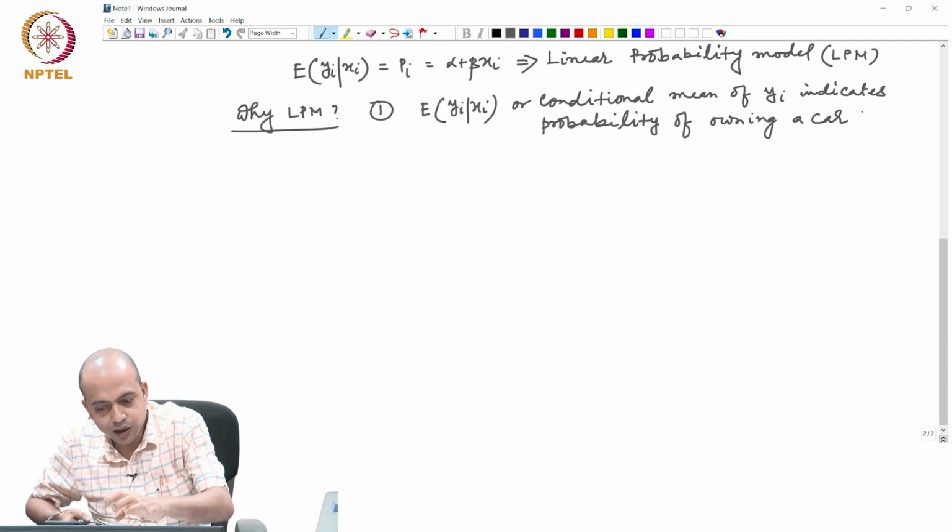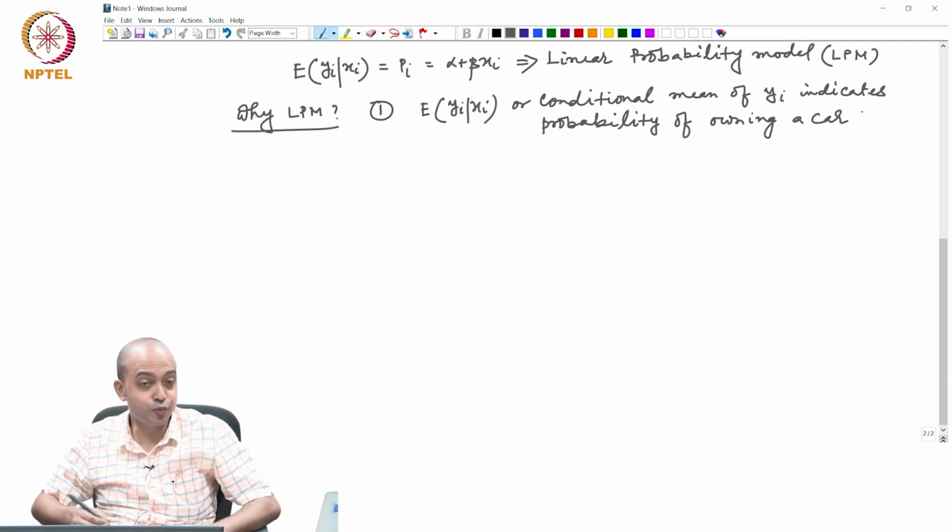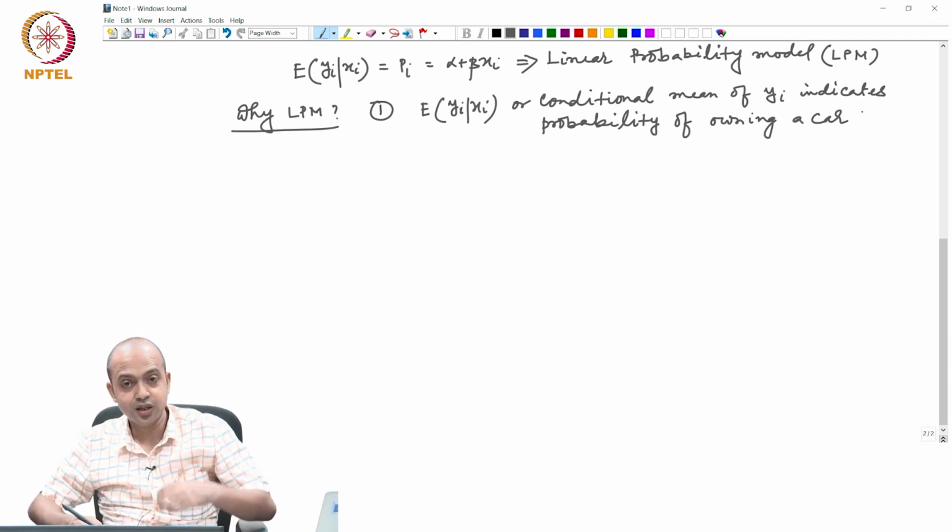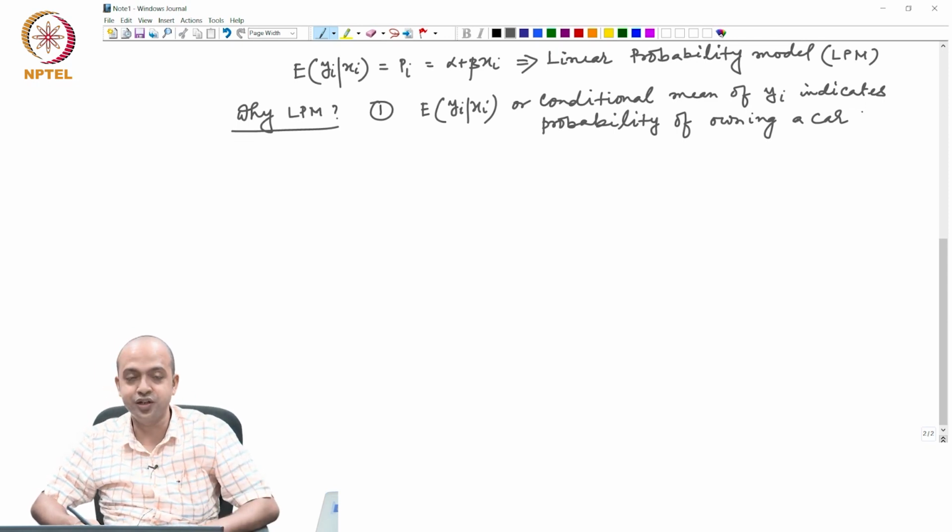So here the conditional mean of yi, expectation of yi given xi, actually indicates a probability.